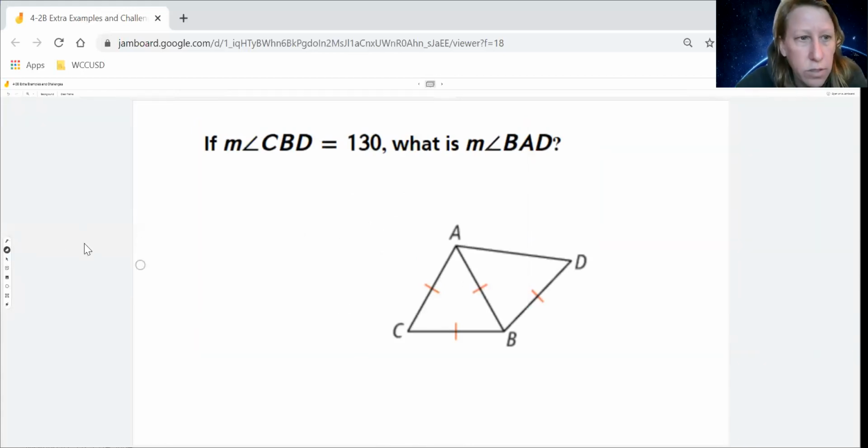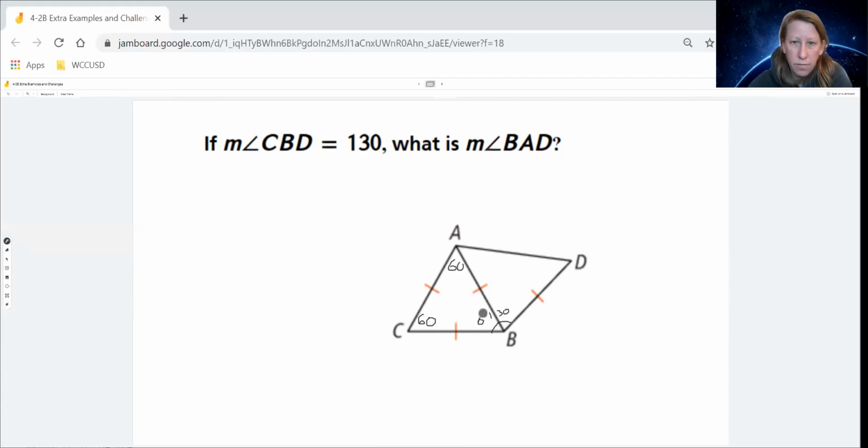What kind of triangle is triangle ABC? They have all three marks the same. So the first thing after I read it, I'll put my 130 back here. Next thing I'm going to do is say, hey, look, equilateral triangle, no brainer. 60, 60, 60.